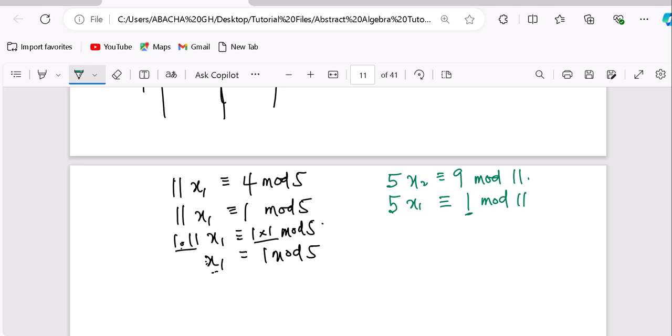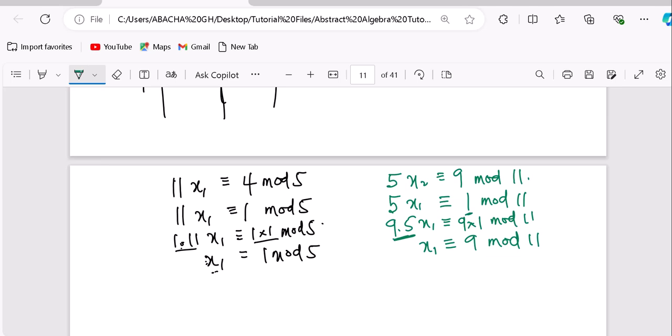If I multiply 5 by 9, I'll get 45. Divided by 11, I'll get 4 remainder 1. And so 5x2 congruent to 9 times 1 mod 11. Since this is the inverse, I just have x2 congruent to 9 mod 11.